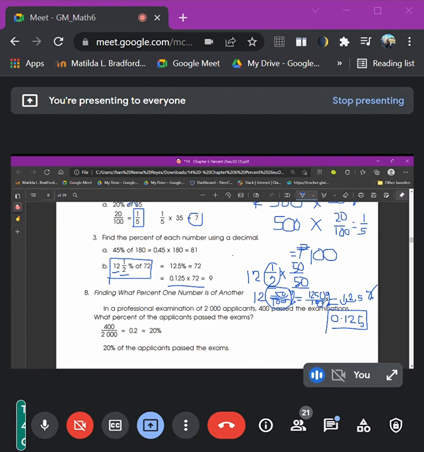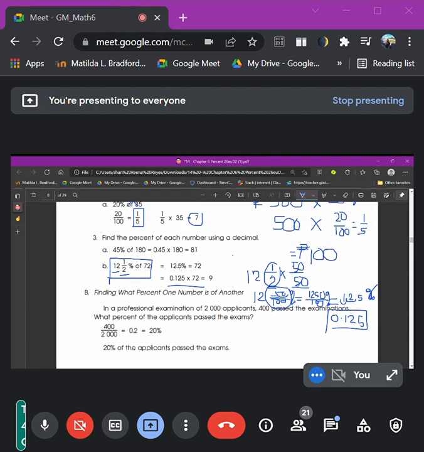And then divided by 100, that is 12.5. It's still a percent, and now to change it into a decimal, we move 2 decimal places to the left. So 1, 2. You have 0.125. So that's why you got 0.125 and then times 72. So that is for our letter B.